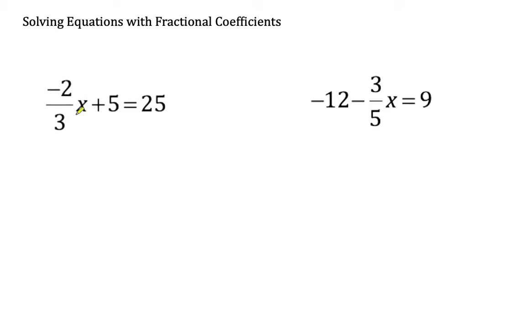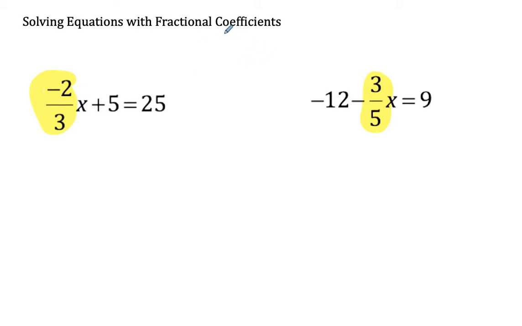So notice now that the coefficient in front of the x, or what's being multiplied by the x, in both of these problems is a fraction. So we're going to tackle how do we deal with equations that have fractions multiplying the variable.